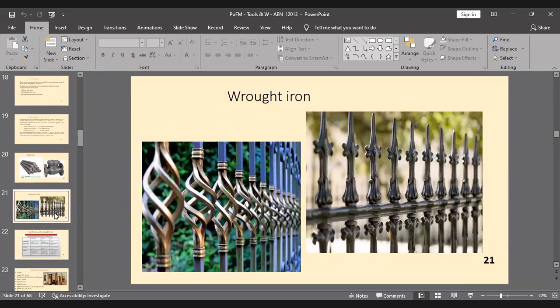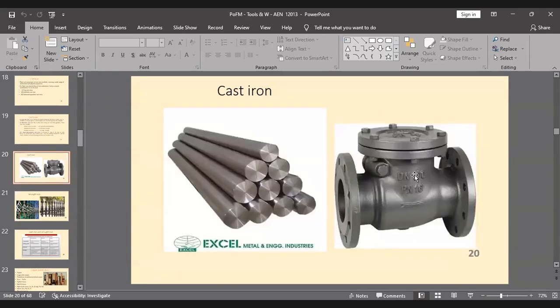Okay, very old models. Okay, wrought iron we utilize for our gate. This is our gate. Okay, so wrought iron. So this cast iron we utilize for pipelines and steel products we can utilize.